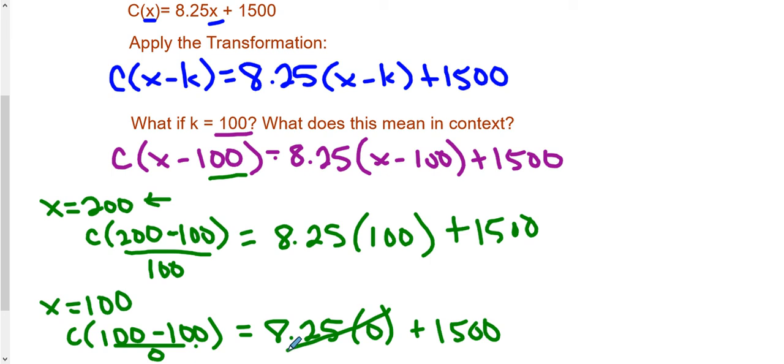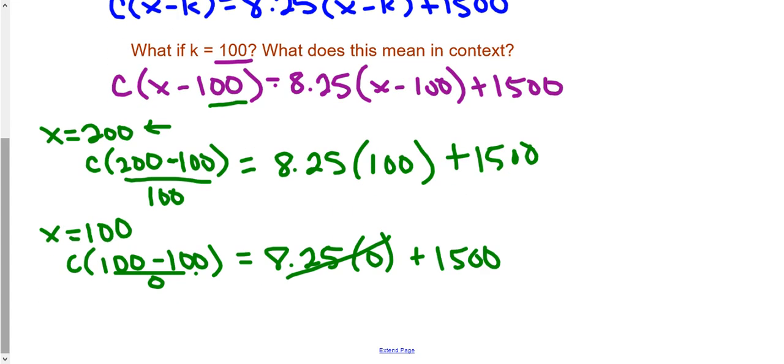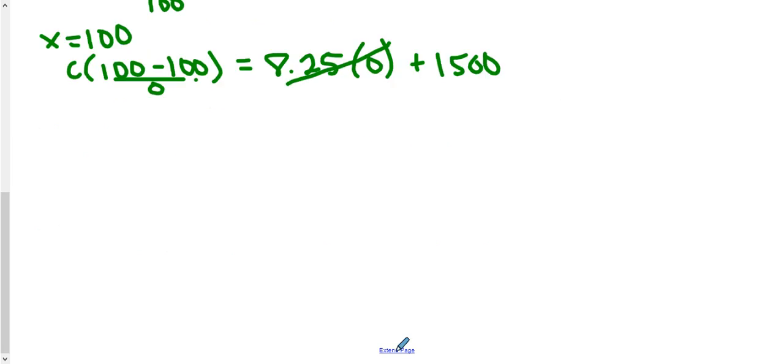So in context, what's happening here is this is reducing the number of books that will cost me money by 100. We want to put it in context. We want to use the words from the problem. So this reduces the number of books.